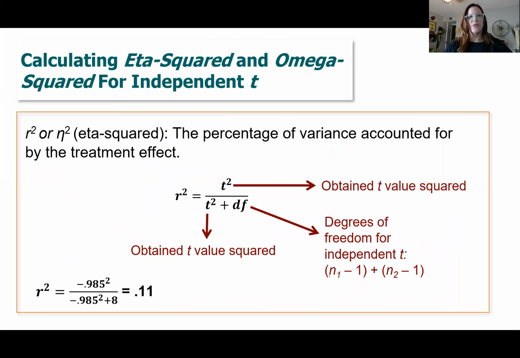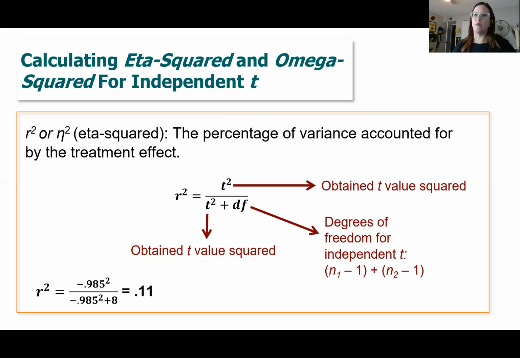So the other ones that could be calculated are eta squared. It's also known as r squared, but it's known as eta squared. And this calculates the percentage of variance accounted for by the treatment effect. So it's not talking about the number of standard deviations that the dependent variable shifted.